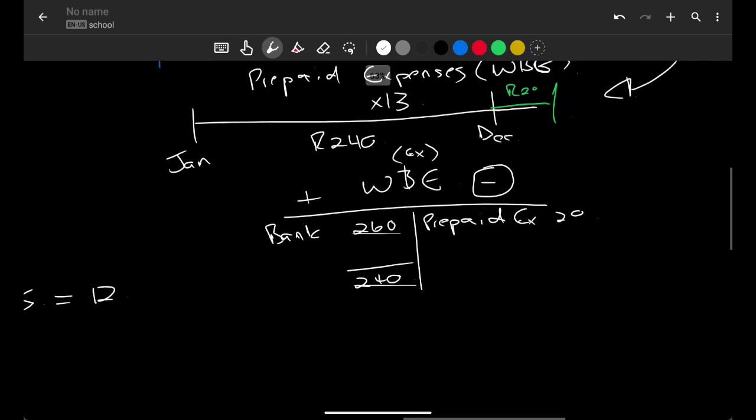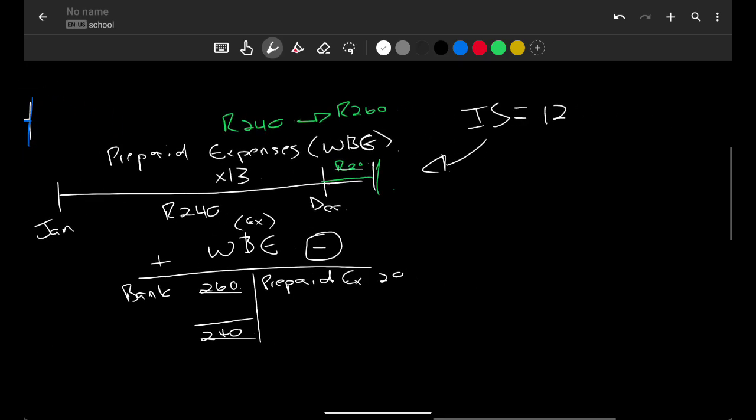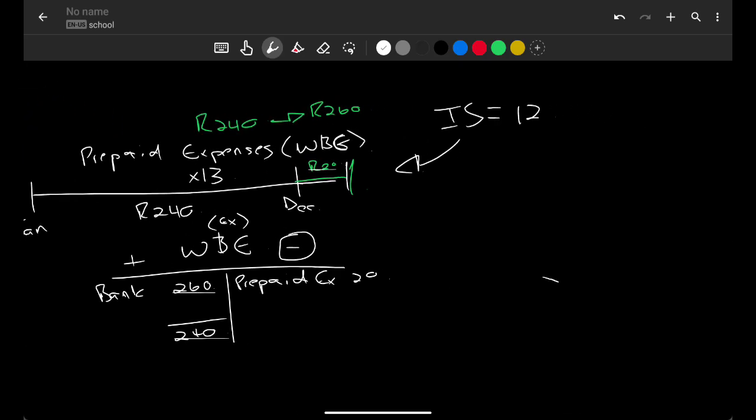Now, why do we say this is an asset? The same way in income received in advance, when they paid ahead of time, they could come anytime and say, give me back my money because I haven't used the service. The same way, if we have water and electricity and we pay ahead of time, at the end of December, if we're short on money, we can say, no, give me back this 20 Rand. I need it back.